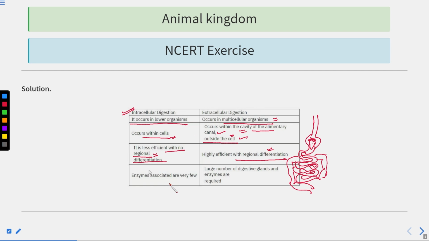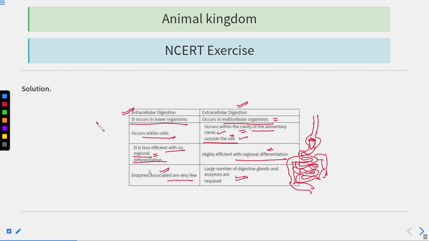Now, very few enzymes are associated with intracellular digestion, but here a large number of digestive glands and enzymes are required for the digestion of food. The best example is how we studied the digestive system in our lower classes, right? So extracellular digestion occurs in higher grade, multicellular organisms, whereas in lower organisms, digestion occurs within the cell.